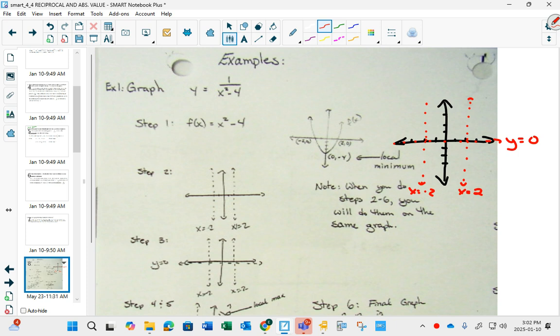So step 1, draw your original graph. Step 2, do your asymptotes, which is actually step 2 and 3. Yes? Can I just get a full explanation for the y equals 0 asymptote? Mm-hmm. Because our original graph is going up forever, its y values are getting bigger and bigger and bigger.